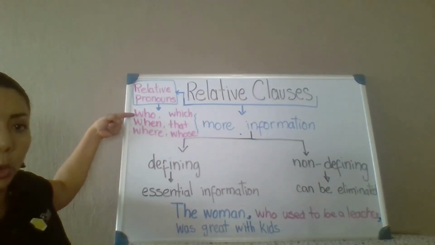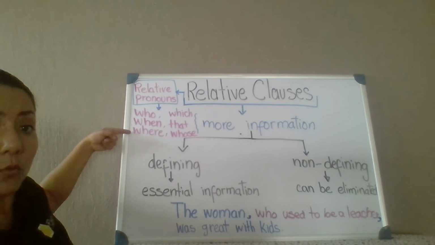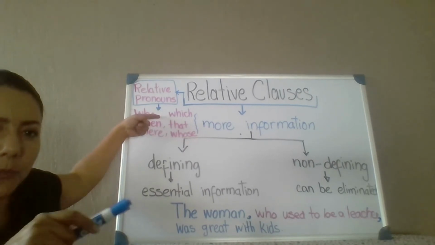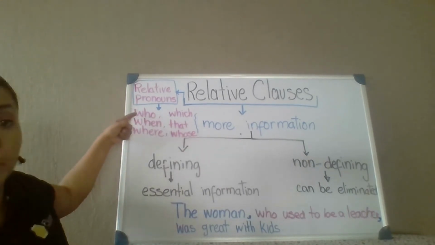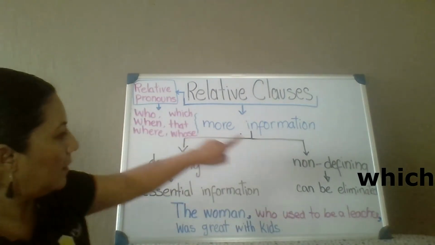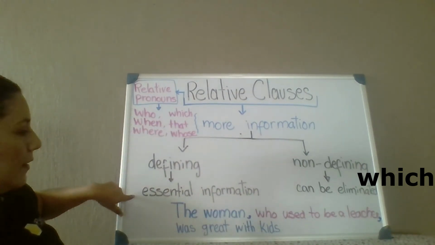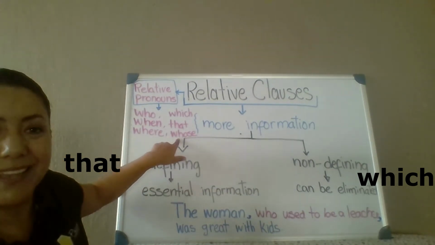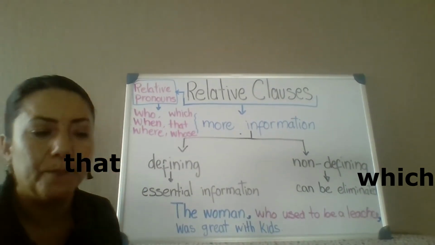And remember, who refers to people, when refers to time, where refers to places, which refers to when you have option this or this or this, okay? That can refer to people or things. Just remember, which is for non-defining relative clauses, and that is for defining relative clauses. Now, whose shows property. Whose marker is this? Okay? Good job.